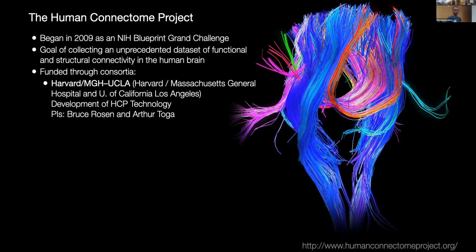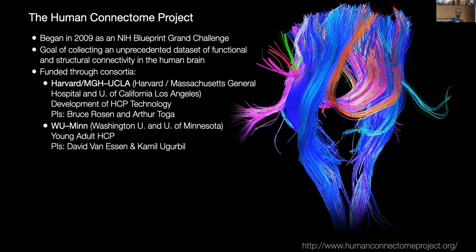First, the Harvard Massachusetts General Hospital and University of California, Los Angeles consortium, led by PIs Bruce Rosen and Arthur Toga, which primarily focused on developing Human Connectome Project technology. Notably, Massachusetts General Hospital, often called MGH, was the site at which FreeSurfer was developed as well. So if you're a FreeSurfer user, you might recognize MGH as the ending for a lot of their file extensions.